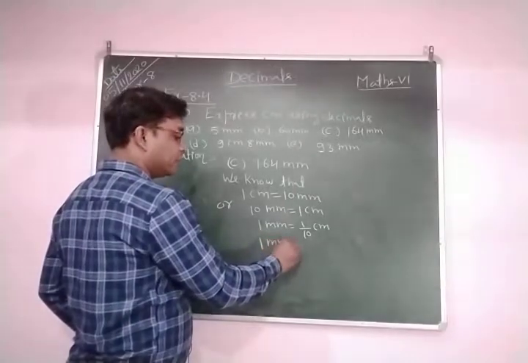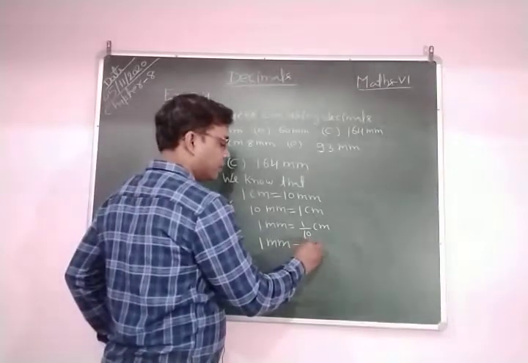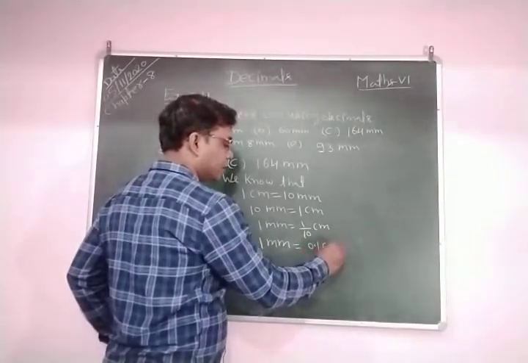If you convert to decimal, if you divide 1 by 10, then you obtain 0.1 centimeters.